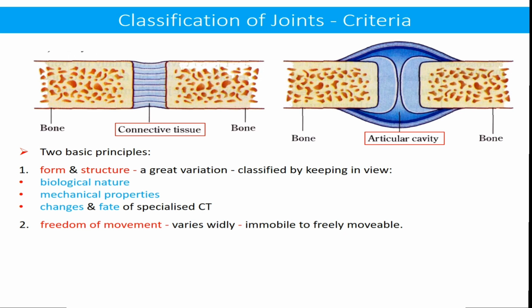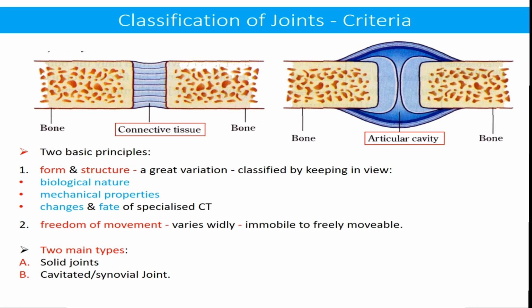Second principle is freedom of movement, which varies widely, so that a joint may be immobile and on the other end of the spectrum it may be freely movable.